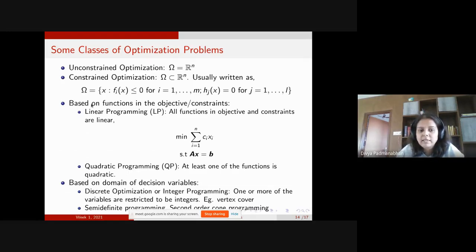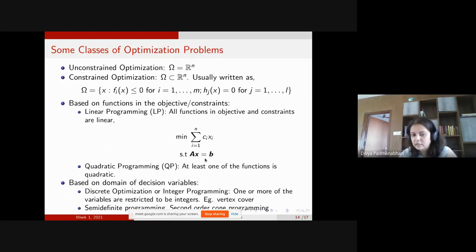Another way is based on the functions that arise in the objective or constraints. So, linear programming is where all the functions that arise are linear in the decision variables. So x is the decision variable here. If you see, the objective is linear in x, and here too the constraints, so this is a matrix kind of constraint, Ax equals b.